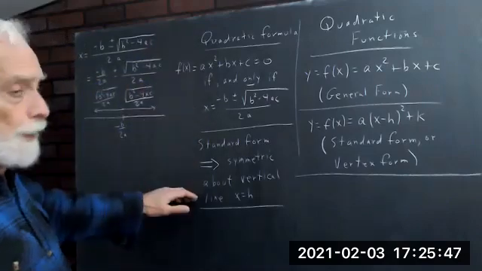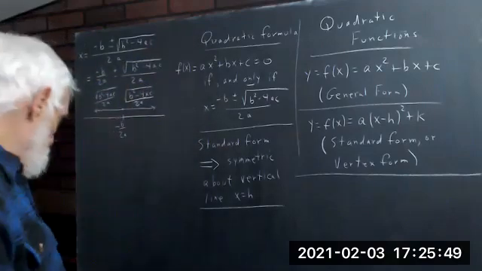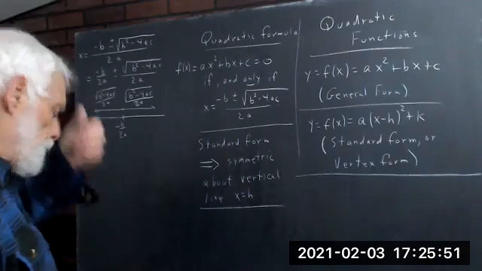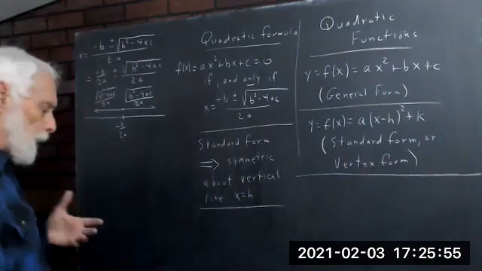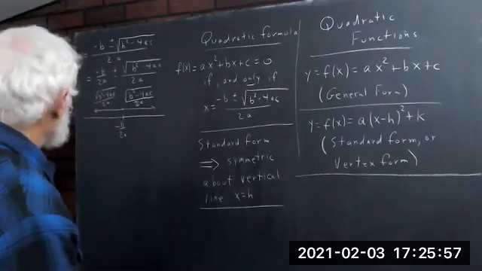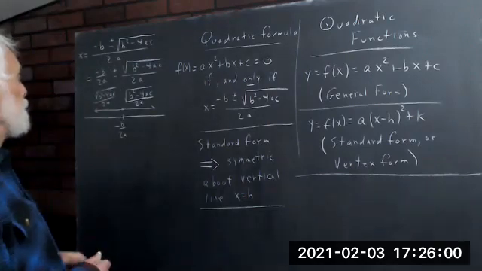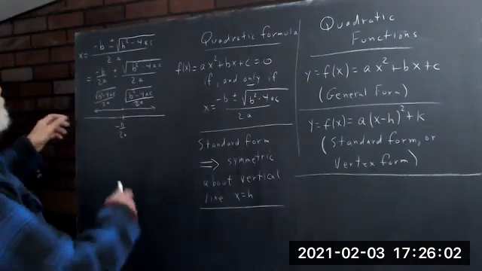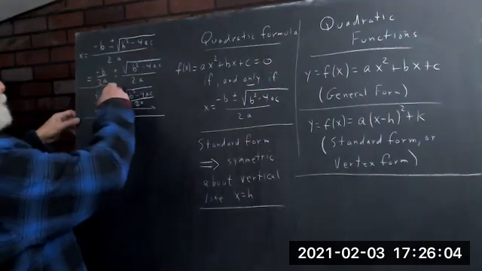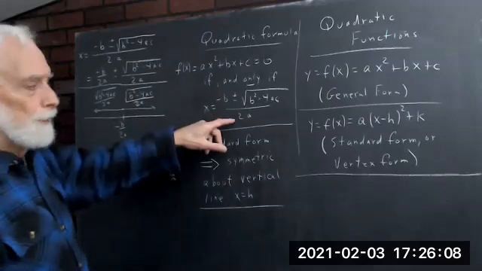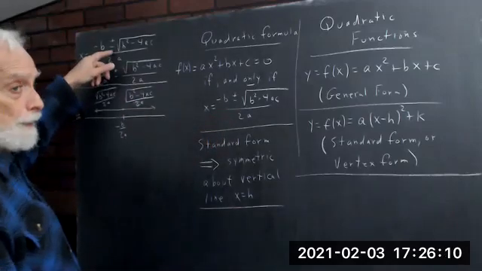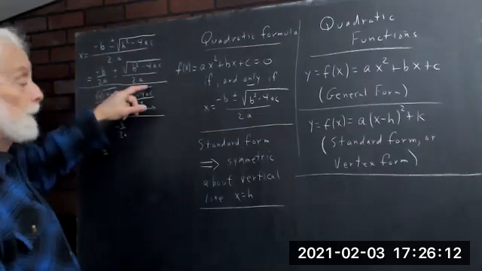We want to put these two things together into a more or less complete picture of the main properties of the graph of a quadratic function. So we're going to come over here and say this. If x equals this, then it equals this.